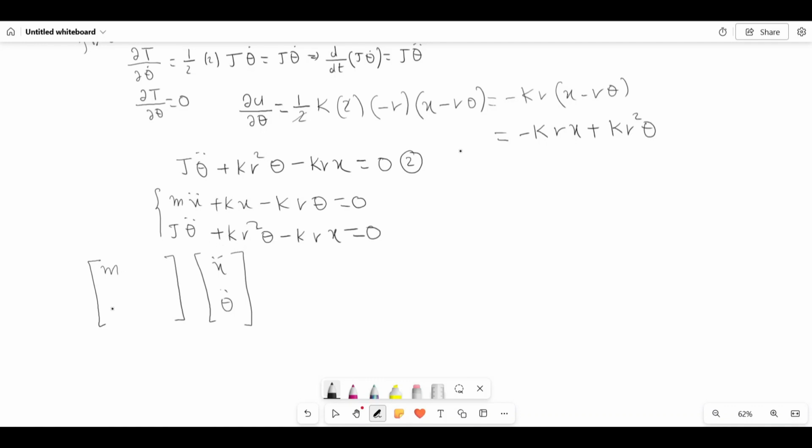No. So this should be 0. Now we check at equation 1 here. Do we have any expression that has theta dot dot? No. Because of that, this is 0. At equation 2, do we have any expression that has theta dot dot? Yes, it is j. That's why it is j.